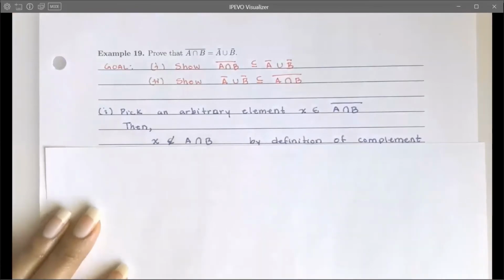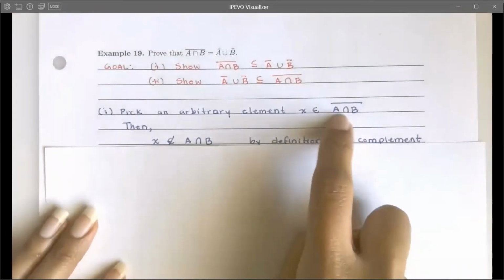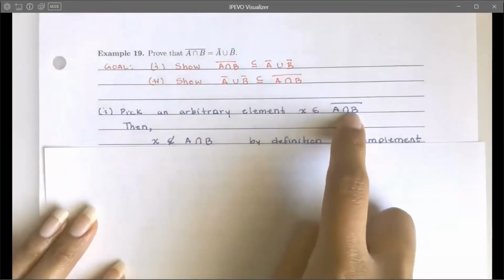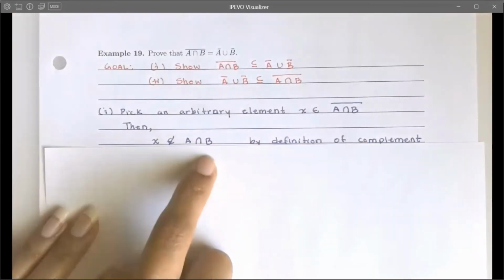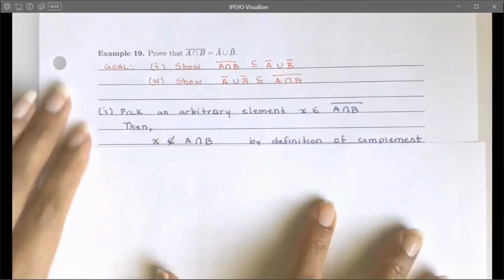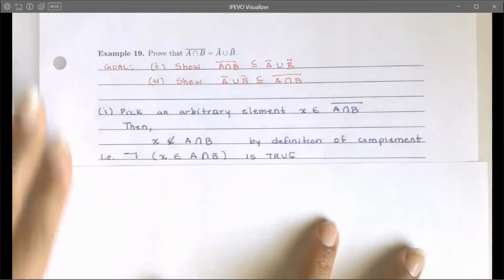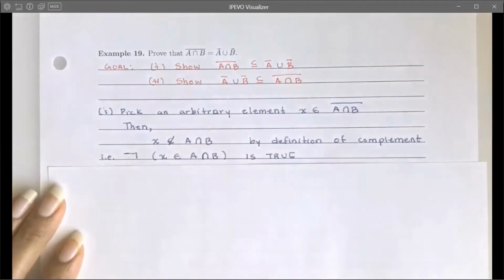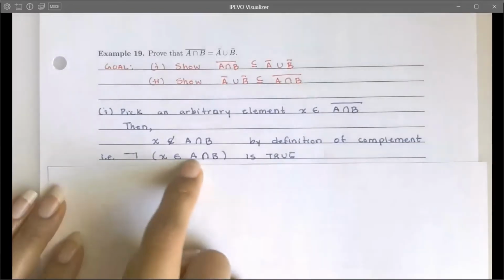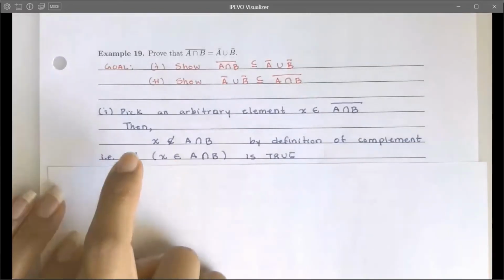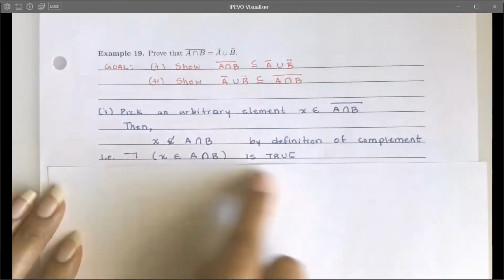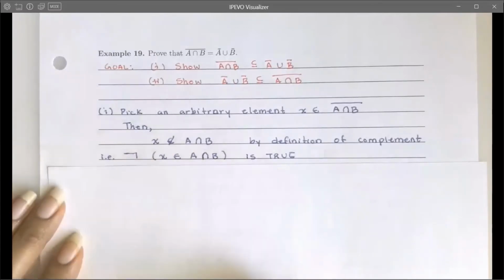If you recall, the complement means it's the set of all elements that are part of the universal set that do not form part of whatever set you have here. So in this case, that set is A intersect B, so that means that x is not part of that set. Now what that further means is that if we make the claim x is in A intersect B and we negate it, then that statement is going to be true.